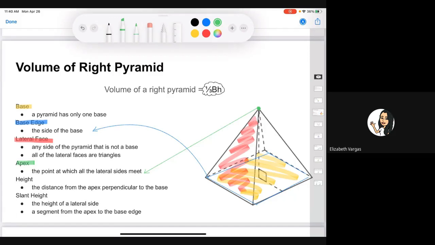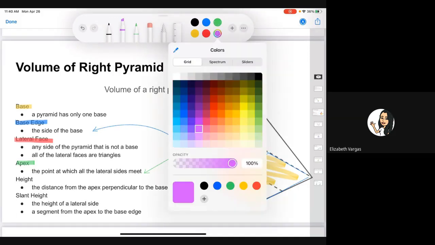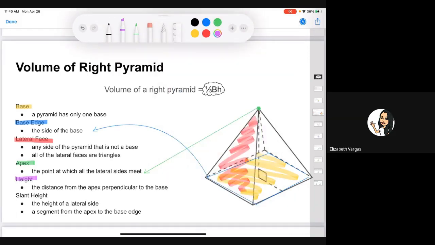Our height is going to be the distance from the apex perpendicular to the base. So in this example, this line right here would represent our height because it goes from the apex perpendicular to the base.